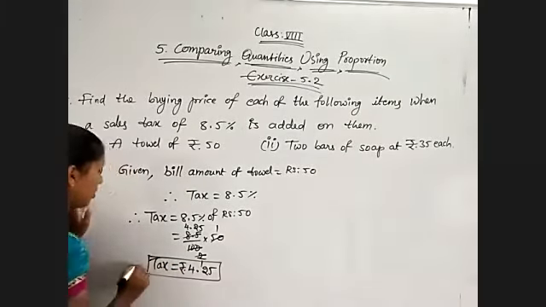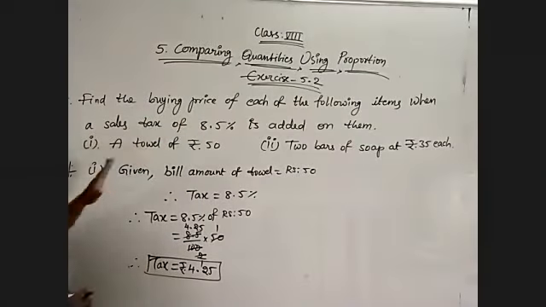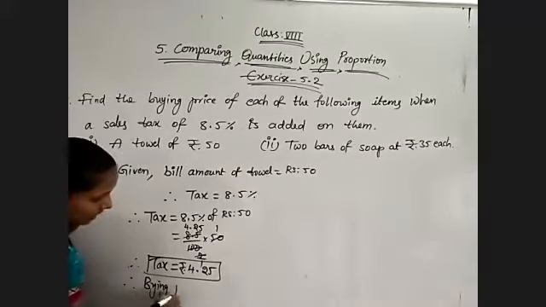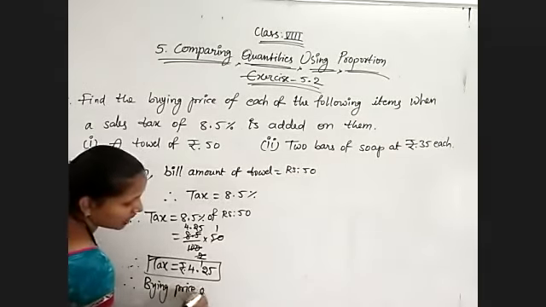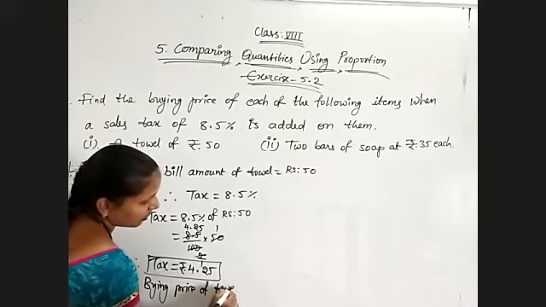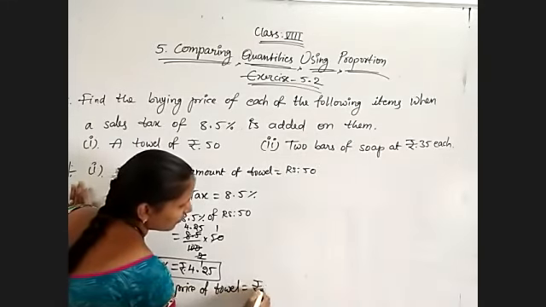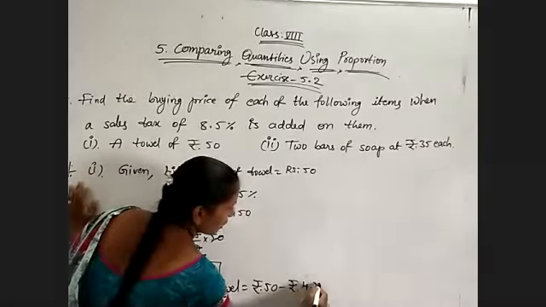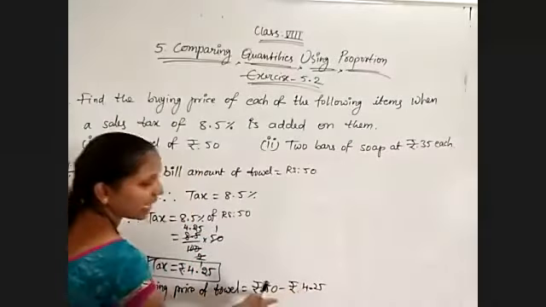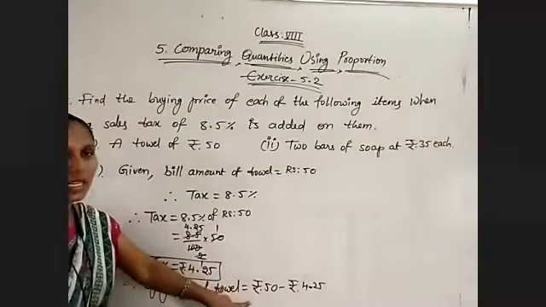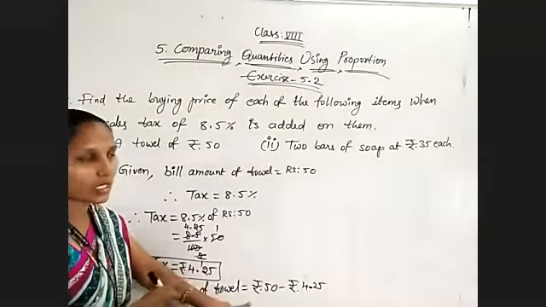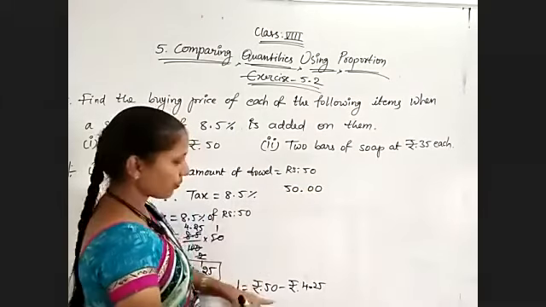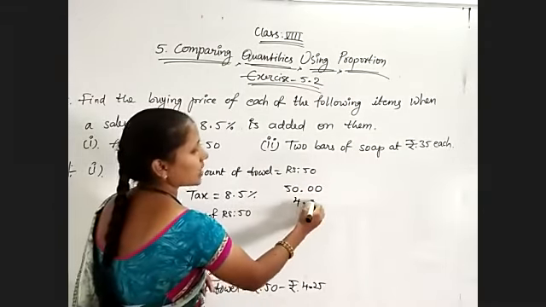Okay. So find the buying price. Therefore, buying price of towel is equal to bill amount 50 rupees minus tax 4.25. So just observe here, both are unlike. When we are doing the subtraction, we must change them into like. That is 50 we can write as 50.00 and 4.25 we need to subtract.